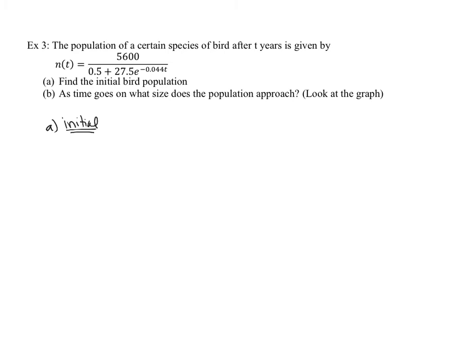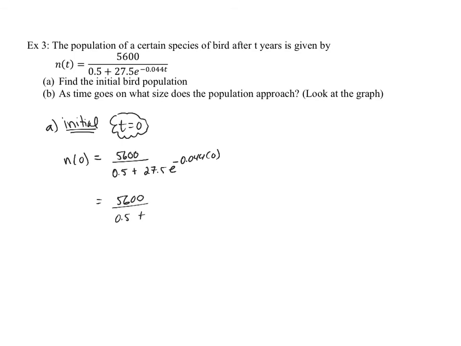The key here is initial. That is letting us know that it's the beginning, when t is 0. So what we're actually being asked to find there is the number of birds when t is 0. So let's just plug that in. 5,600 divided by 0.5 plus 27.5 e to the negative 0.044 times 0, and that just simplifies: e to the 0 is 1.